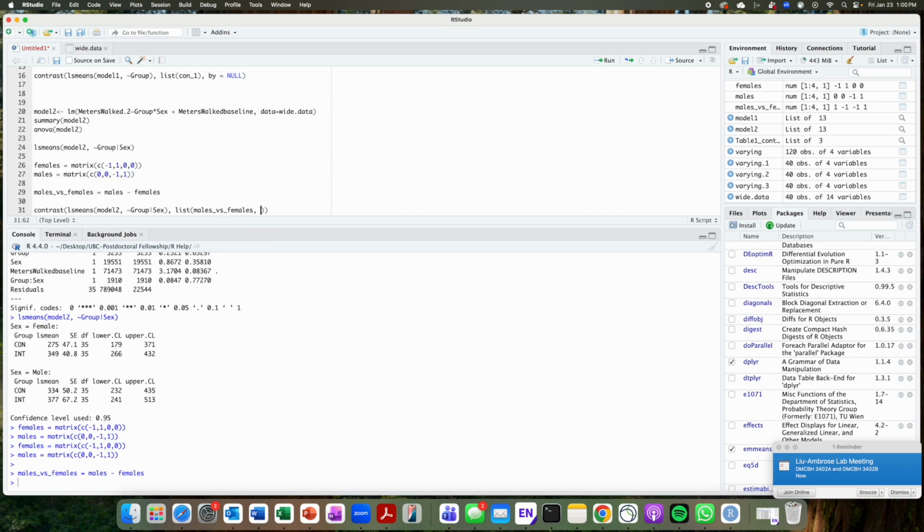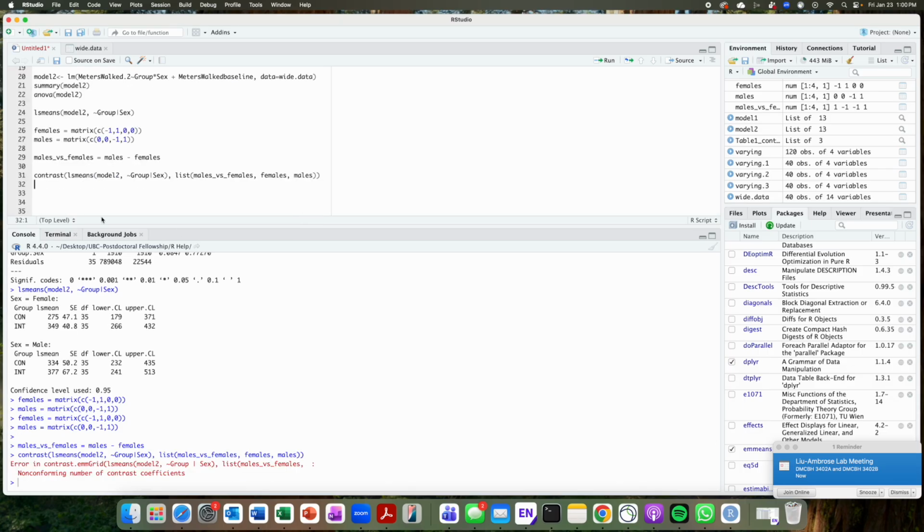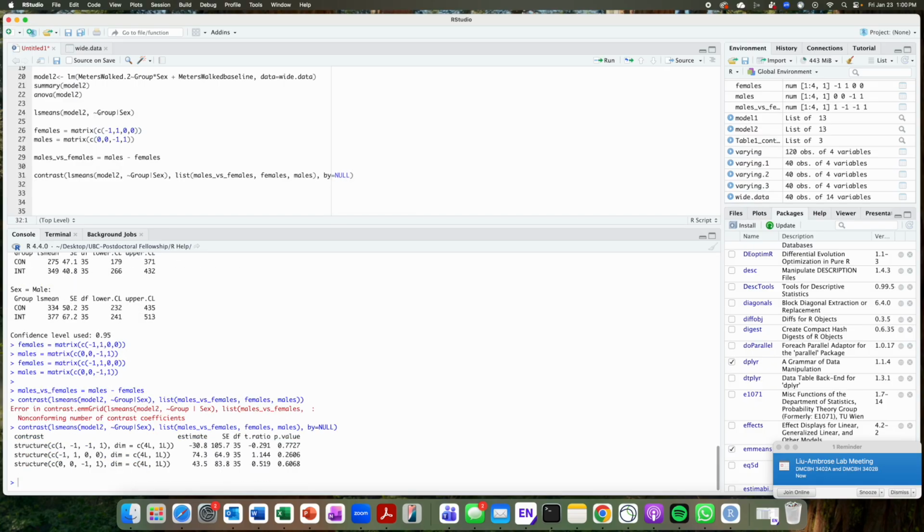I could also list females and males too. Okay, and now what you can see is I get each of the contrasts. So this first one is my contrast for males versus females.